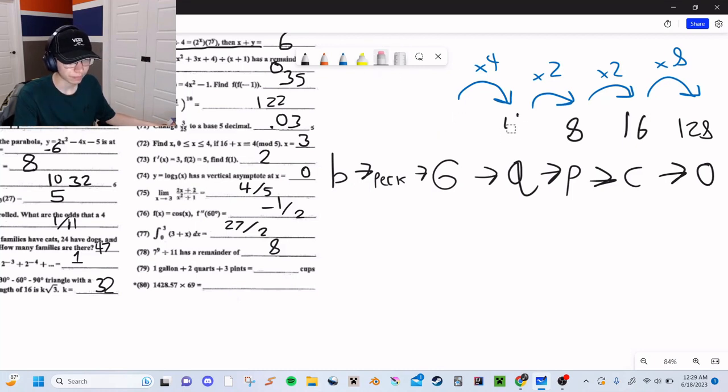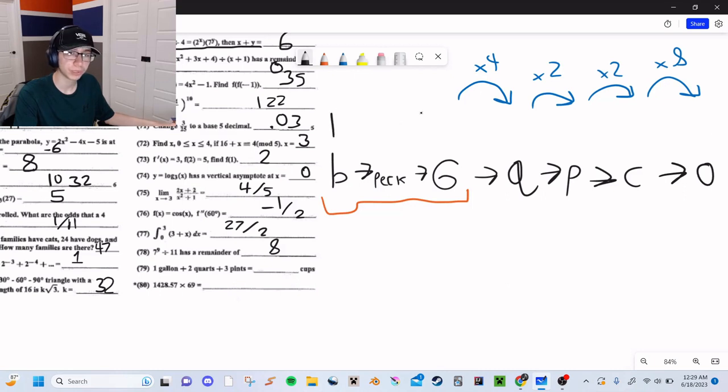Now, just looking in this area here, from bushel to peck to gallons, if I had 1 bushel, I would have 4 pecks, which would give me 8 gallons. So to get here, I have to multiply by 4, and to get here, I have to multiply by 2.